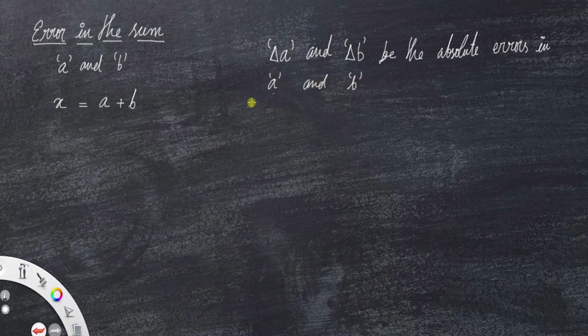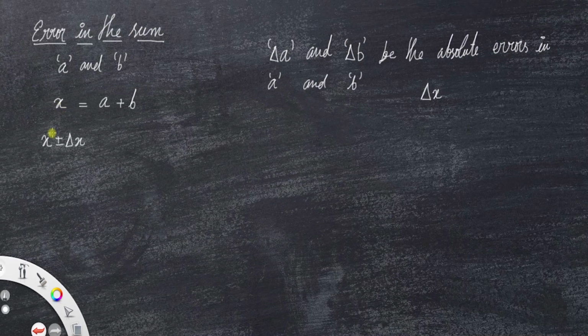Clear? Now we are interested in finding the absolute error in x. Let's assume delta x is the absolute error in x. So we always write x plus or minus delta x. That means the quantity plus the error, which can be plus or minus. All absolute errors can be plus or minus.